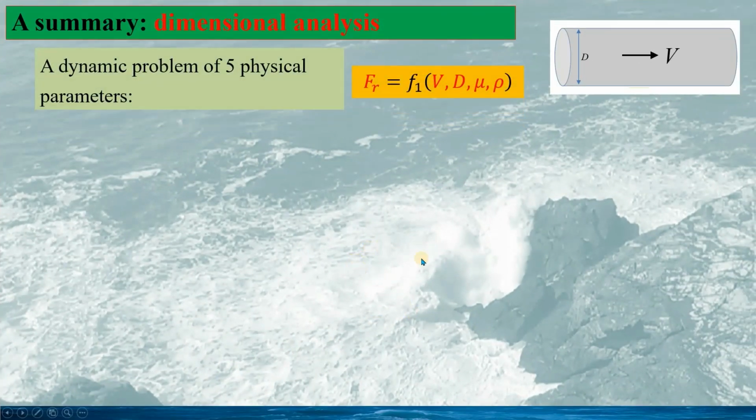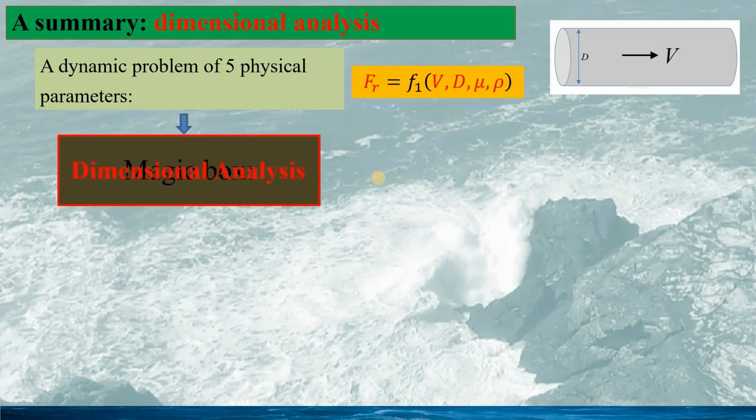By using the dimensional analysis, the problem has 5 physical parameters, and the expression of the problem is the fluid friction Fr as a function of the fluid velocity v, the diameter of the pipe, the fluid viscosity and the density.